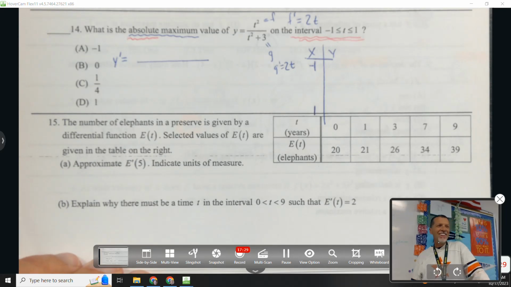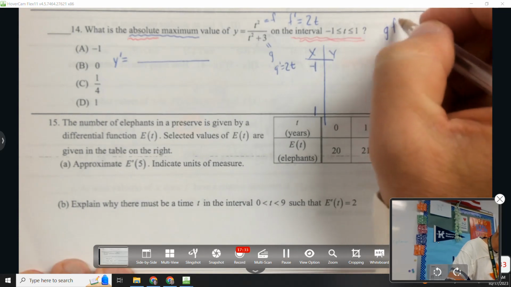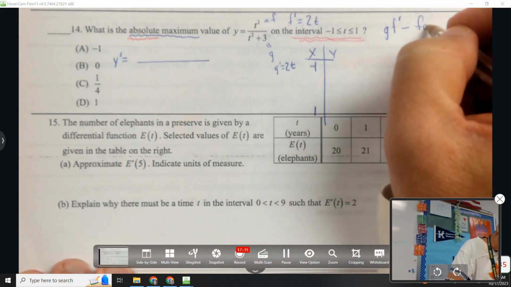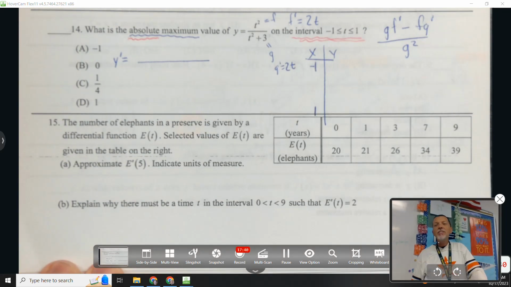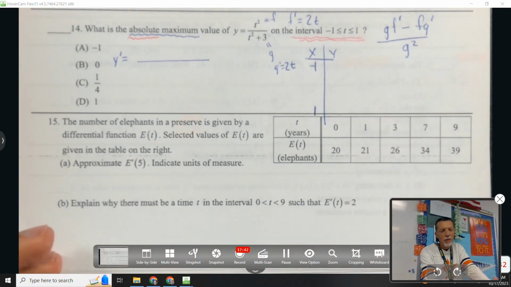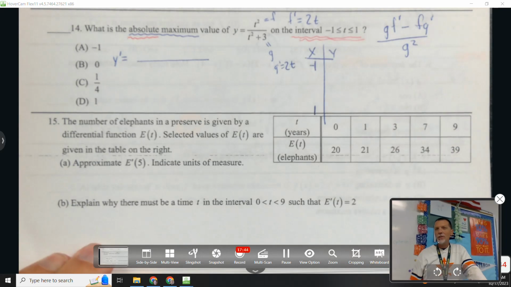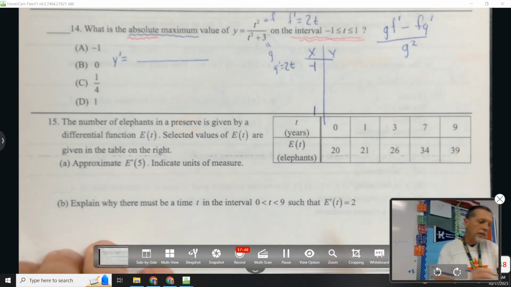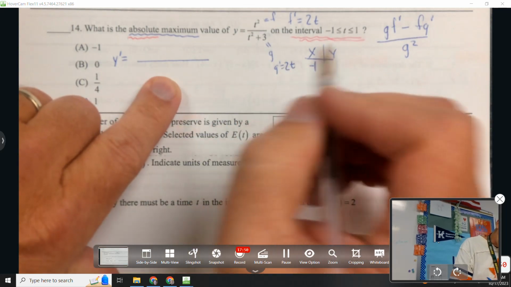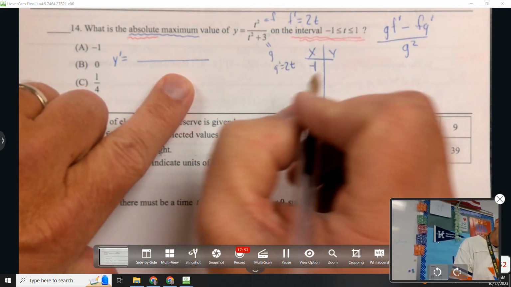I know you get tired of me saying that, but somehow I've got to get you people to remember that it's GF prime minus FG prime over G squared. And the common mistake, it's 2 or 3 people per class, is switching the order of those things. I keep telling them to put the GF first, and they just won't do it. All right, enough sexism for one day.